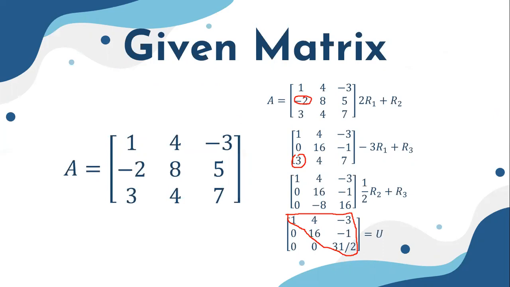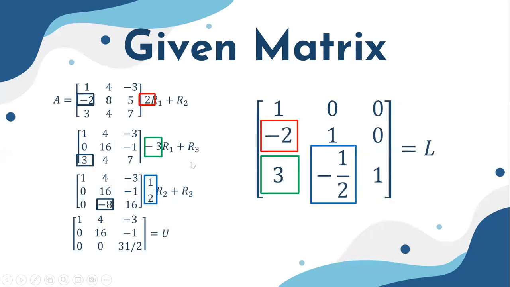And then next, we will turn the 3 into a 0 by adding minus 3 times row 1 into the third row. And then we will try to make the minus 8 into 0 by adding half times the second row into the third row. And after doing all this, we are finally left with the upper triangular matrix version of A, which is equal to the U matrix.